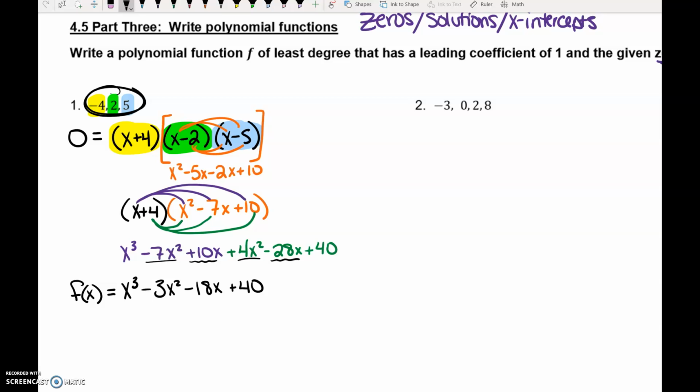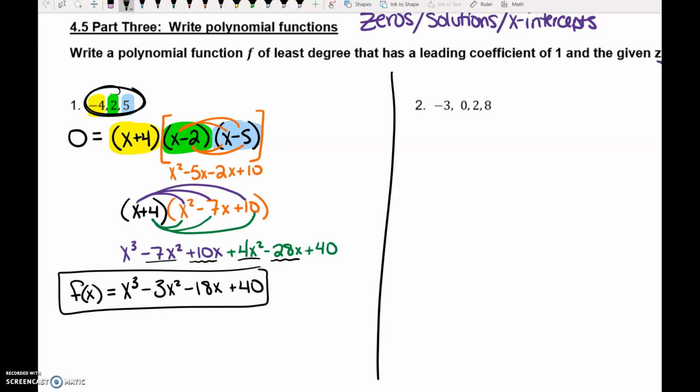Leading coefficient of 1, we could multiply all of this by 2, and we could have 2x cubed minus 6x squared minus 36x plus 80. But why would you go to the work to do that? You don't need any extra numbers in there. So they're just saying, don't do any extra work. Do the least amount of work possible to get this polynomial. I think that's about it.